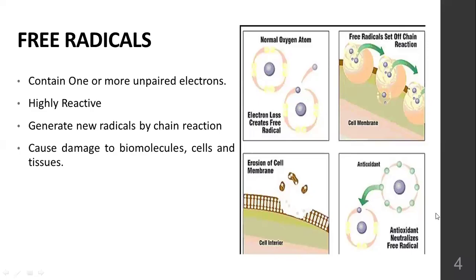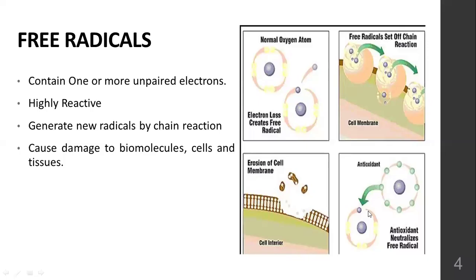So, antioxidants are these self-sacrificing substances. They will neutralize the free radical. Free radicals are not that bad until they lose their electrons. Any atom that has lost its electron becomes unstable, highly reactive, highly damaging.